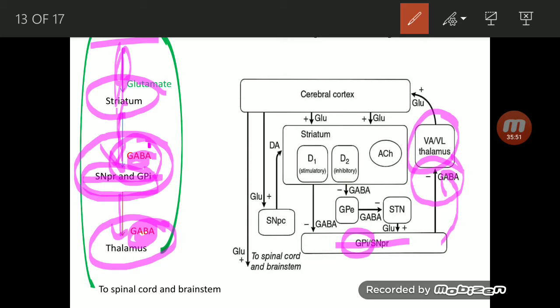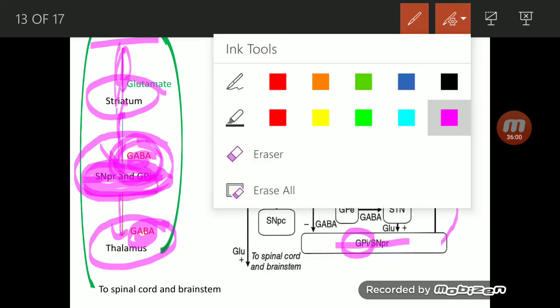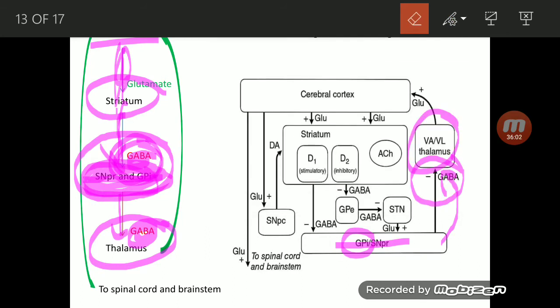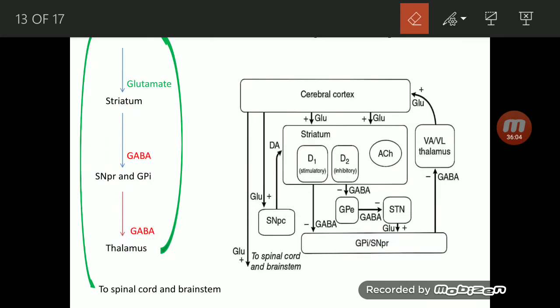I said GABA is inhibitory in nature. Now, GABA is going to inhibit the functioning of your substantia nigra pars reticulata and globus pallidus interna.